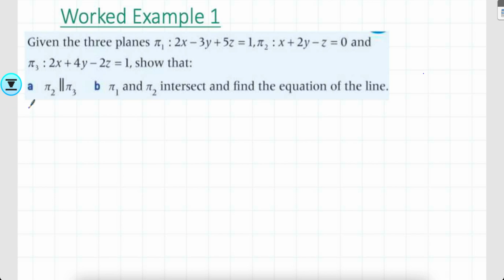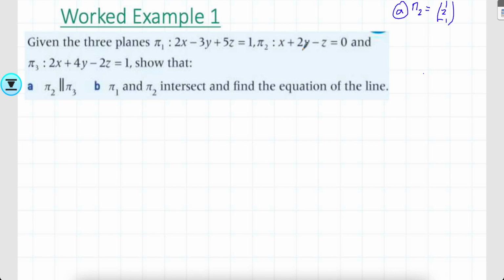So I need to show that plane 2 and plane 3 are parallel. So how would I show that? I'm just going to do it here because I'll need space for part B here. Well, first of all, I can take the normal of plane 3 and show that it's a multiple of the normal of plane 2. The normal of plane 2 is (1, 2, -1).